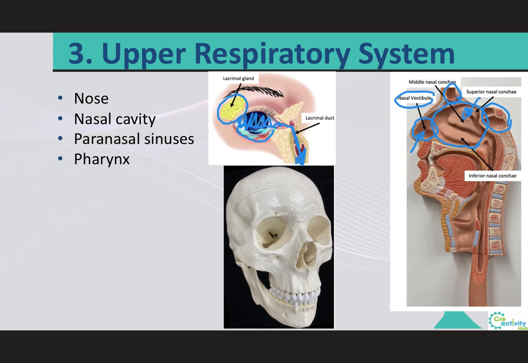Now inside the nasal cavity we have these three structures that stick out, which are called the superior, the middle, and the inferior nasal conchae. And these bones together, they can also be called the turbinate bones.